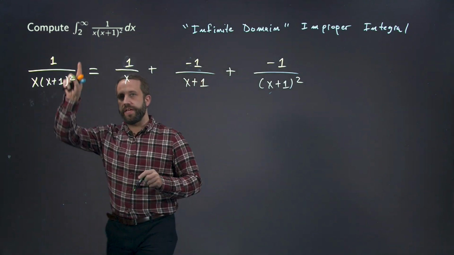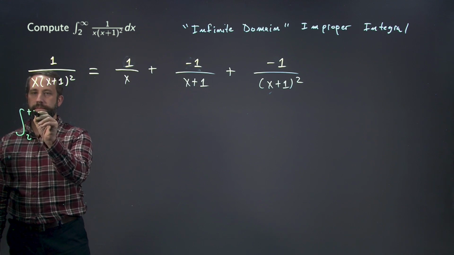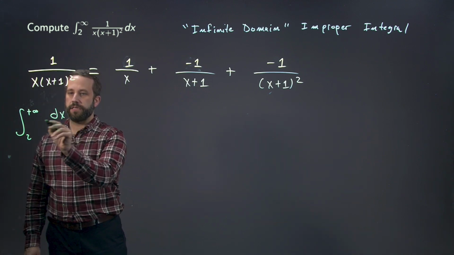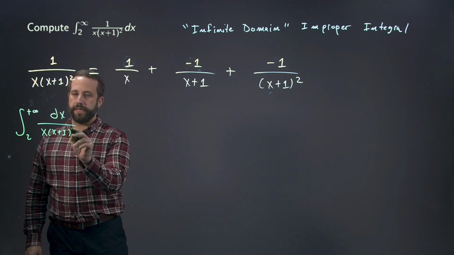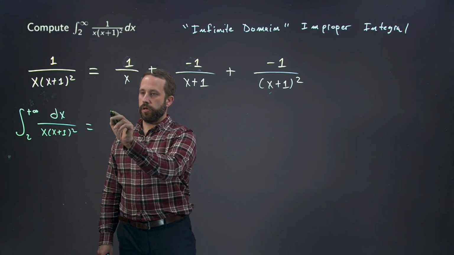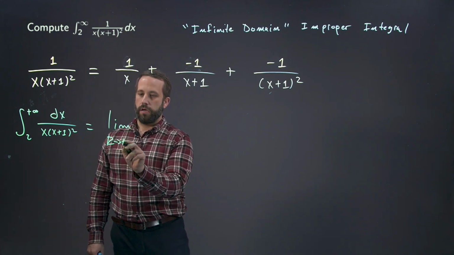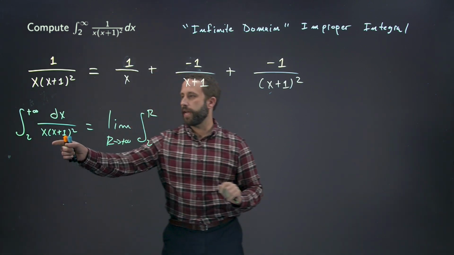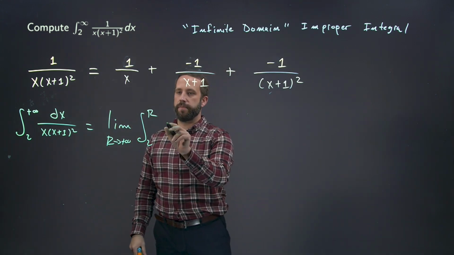Okay, so by definition, this improper integral, the integral from 2 to infinity of dx over x times x plus 1 squared, is equal to the limit as r goes to infinity of the integral from 2 to r, and now I'm going to replace my integrand with its equivalent partial fractions decomposition.